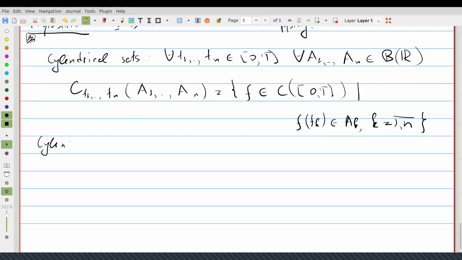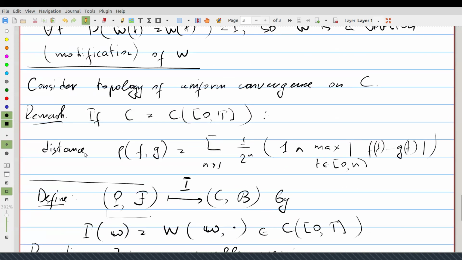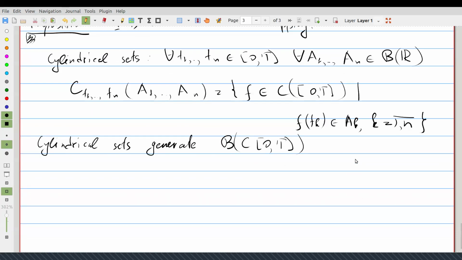Cylindrical sets generate the Borel sigma algebra on C0t. We said that Borel is generated by open sets with respect to this distance. At the same time, cylindrical sets also generate it.